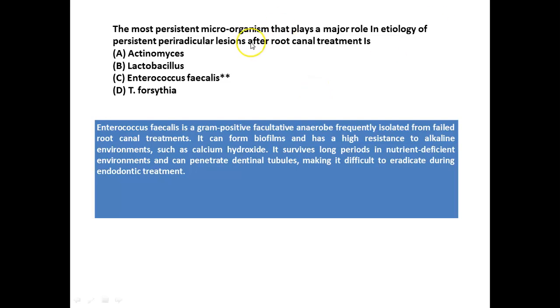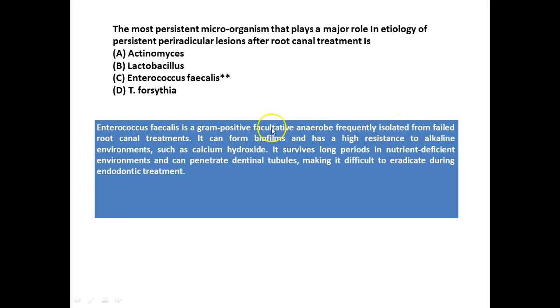Now the second question. The most persistent microorganism that plays a major role in etiology of persistent periradicular lesion after root canal therapy is Enterococcus faecalis. It's a very common question they ask: Enterococcus faecalis is which type of bacteria? Remember, it is a gram-positive facultative anaerobic bacteria.